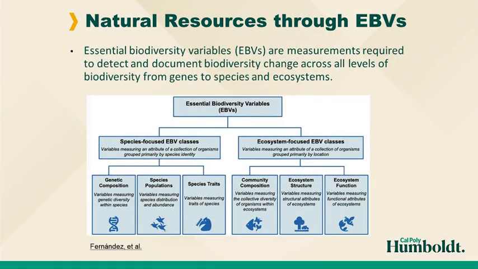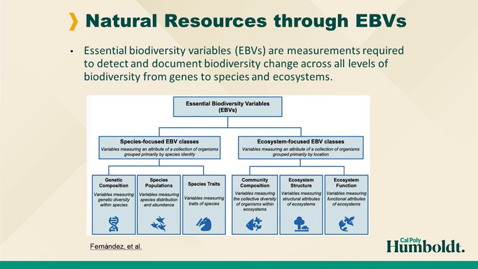So, natural resources is a broad term. So, there are a lot of things. When we talk of natural resources, mainly we talk of soil, water, vegetation, wildlife, and all those kind of things. I just want to talk about one component of my research, which is what is called EBVs, Essential Biodiversity Variables. So these are metrics or measurements that we do as scientists to detect and document the change in biodiversity over space and time.